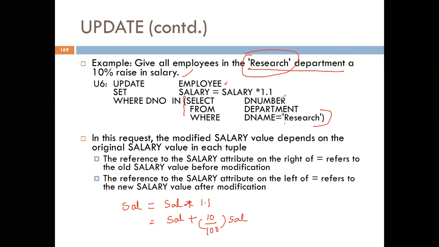Suppose we have two departments with the same name research, then both of their employees will get a salary increase of 10%, because we have used the in operator. Again, this is a value set operator.